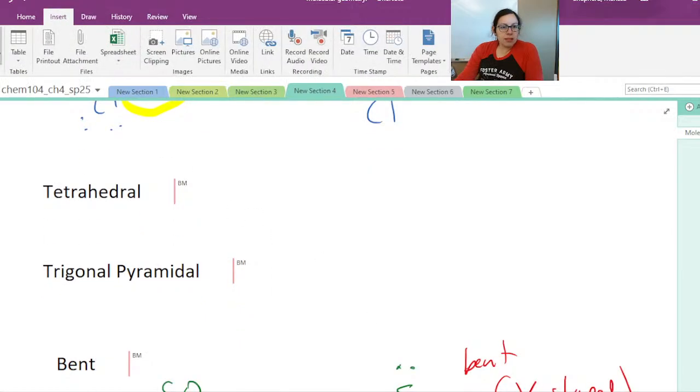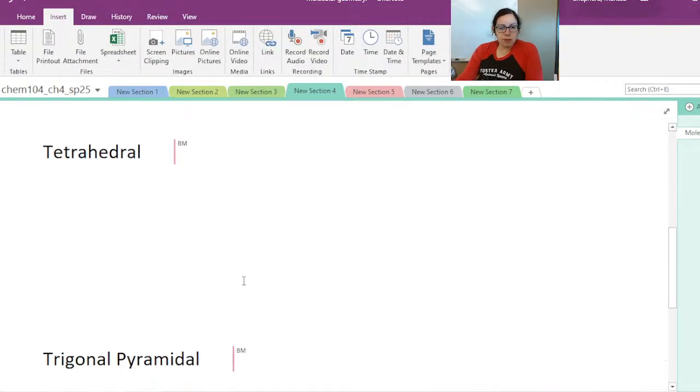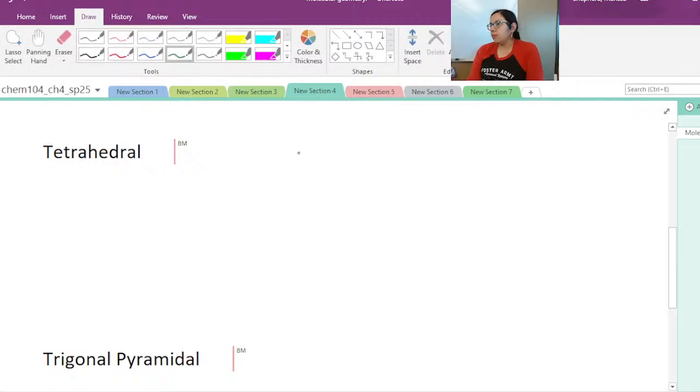All right, so with that, let's look at the classic example of tetrahedral. So what's our classic tetrahedral structure or molecule? There's one super classic one, and then there's another one that we did that comes up a lot.